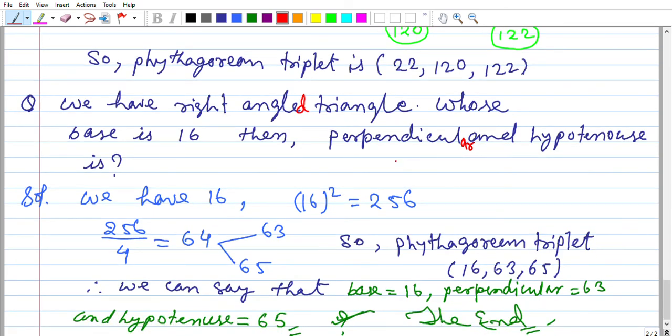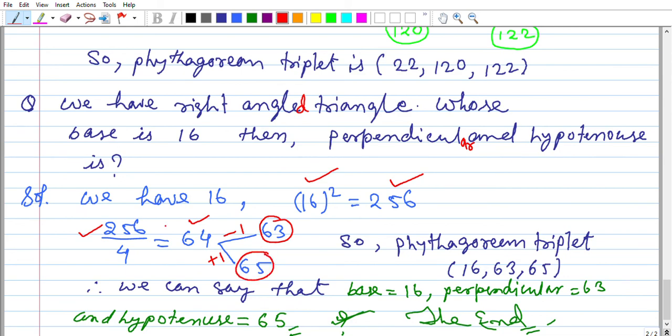So we have 16, square it, we get 256. Now divide it by 4, we get 64. Minus 1 from 64, we get 63. Plus 1 in 64, we get 65.